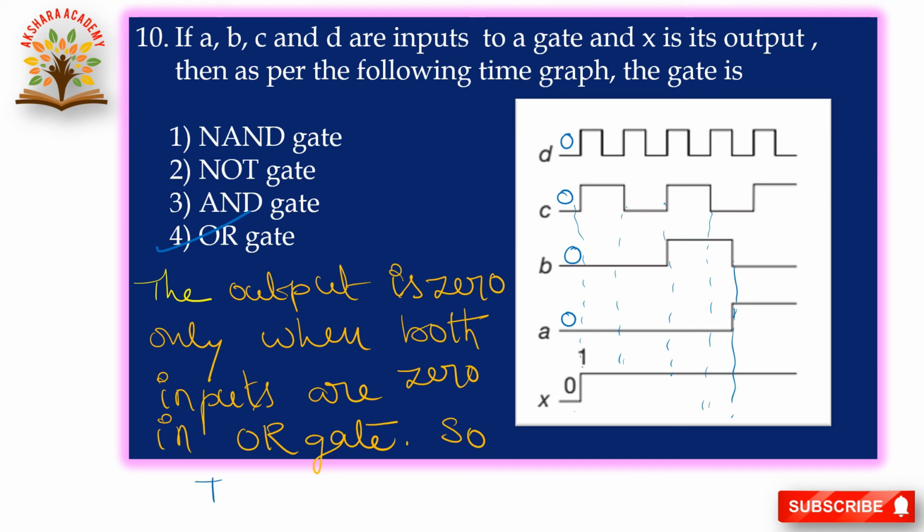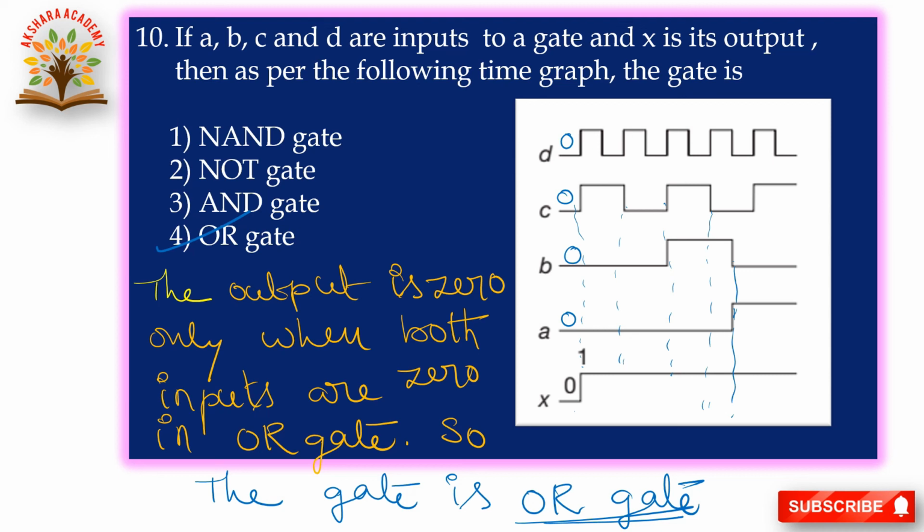So the gate, as per the time graph, is OR gate. Okay, so fourth option is correct. Thanks for watching this video.